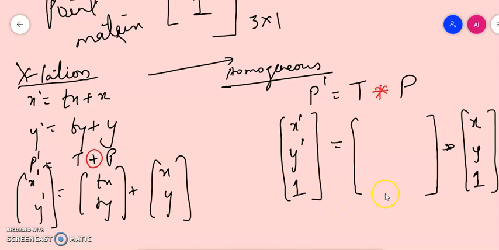So my last value will be 1 in the resultant matrix also. Now, what am I supposed to multiply with P so that I get my x dash? X dash is equal to tx plus x. So x has to be multiplied by 1, first row multiplied by column, second row multiplied by column. So x dash is equal to x plus tx. That is what I want here.